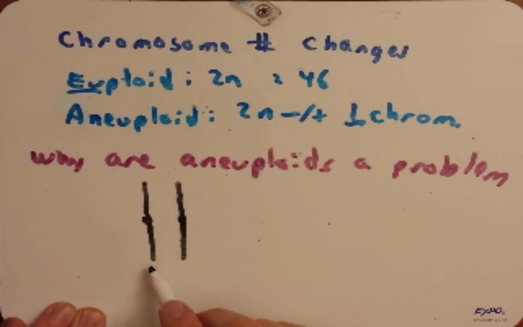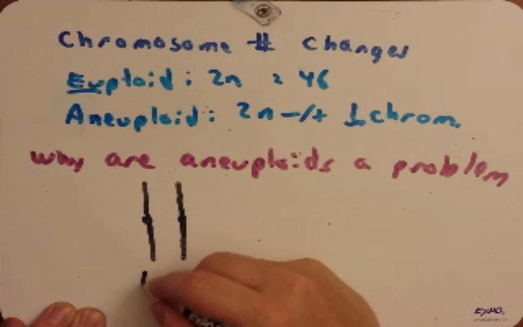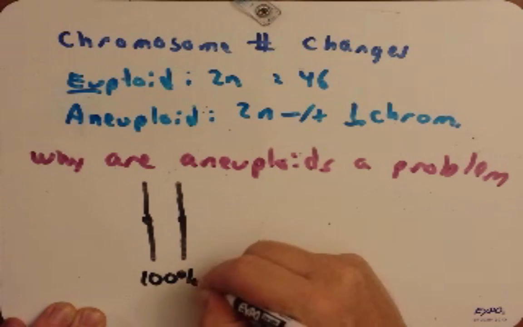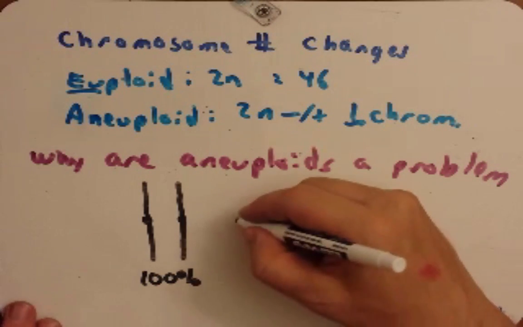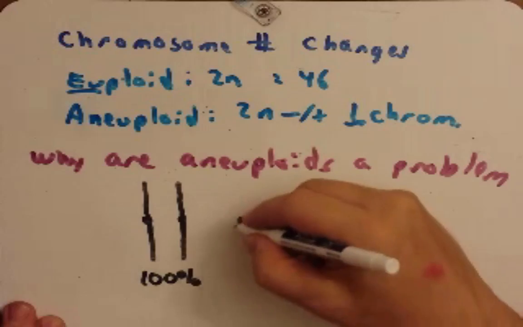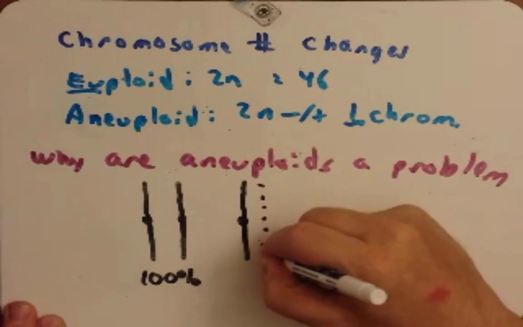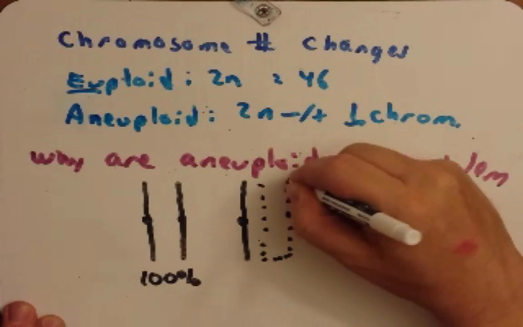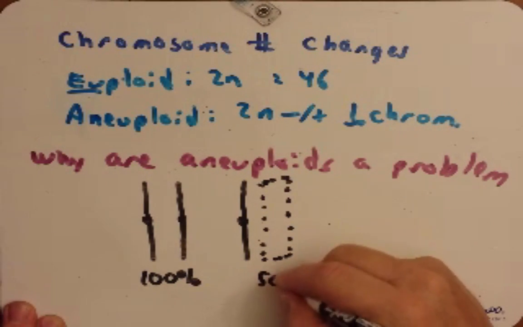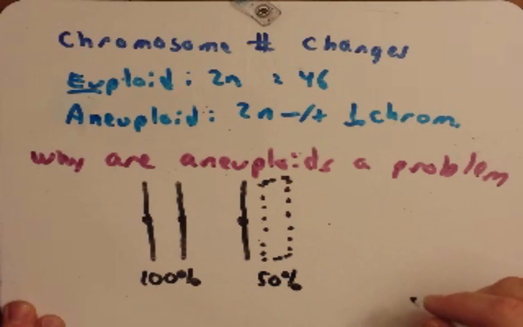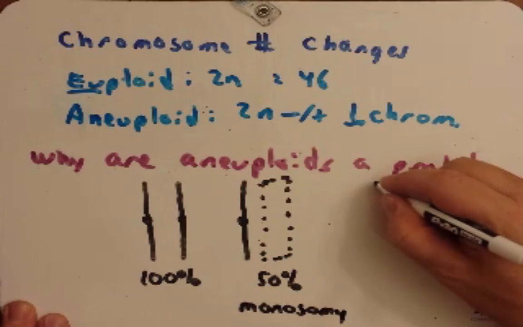And from these 2 chromosomes, their expression would be 100%. Meaning the expression that you would need for that organism to survive is 100%. In the case of a monosomy, where you're going to lose that chromosome, I'm just going to put a dashed line around here just to remind us that indeed there should be something there, but it's not there. In this case, we're only getting 50% of our expression. So this is a monosomy.